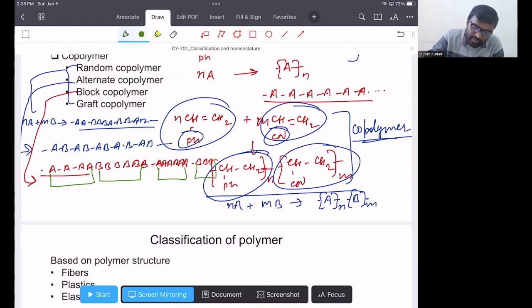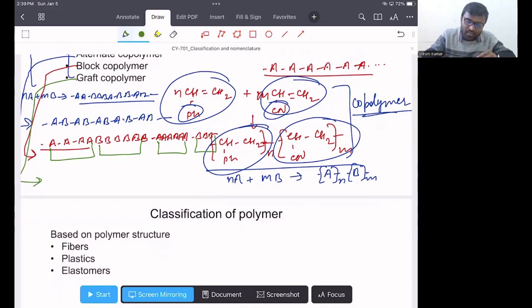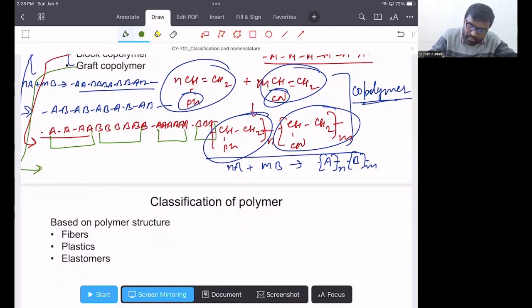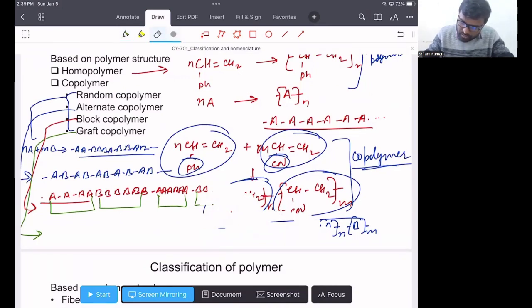And we have the other example, the graft polymers. Let me make some space so that I can show it here as an example.